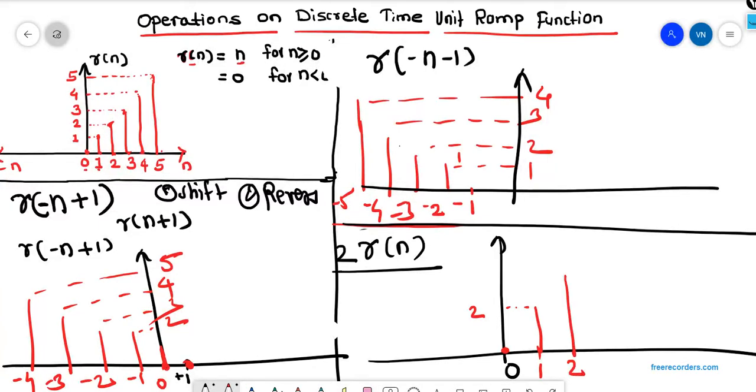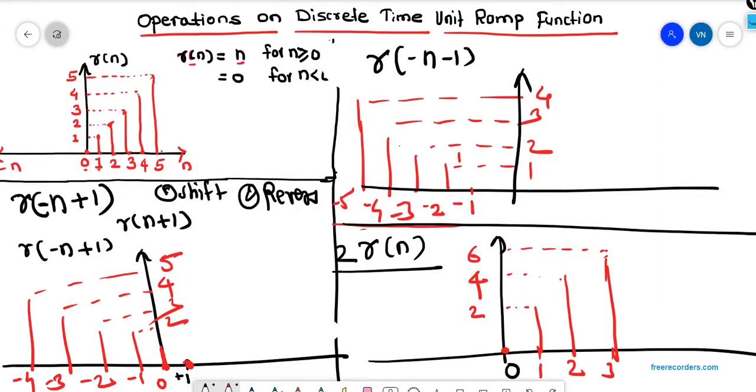Whatever the amplitude for 2 is, a 2, now that amplitude becomes 4, and the amplitude for 3, which is a 3, now you will get 6. So these are the different amplitudes that we get at each and every point. This is nothing but amplitude amplification.